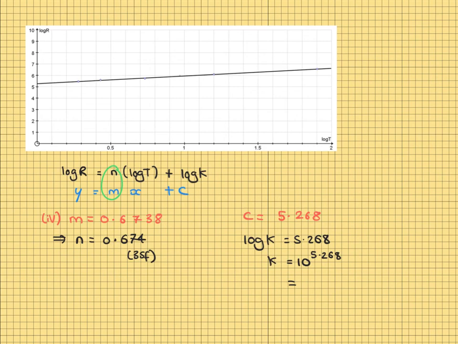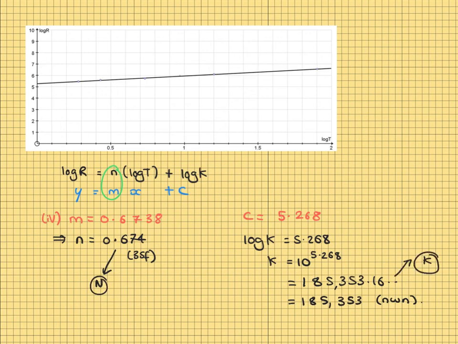So this gives me k equals, so let's round that to 185,353, let's say, to the nearest whole number for the moment. And again, as well as rounding these values, I may well store these in calculator memories just in case I need the full accuracy.